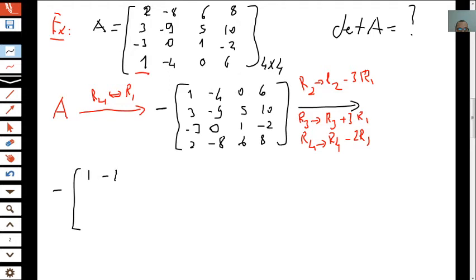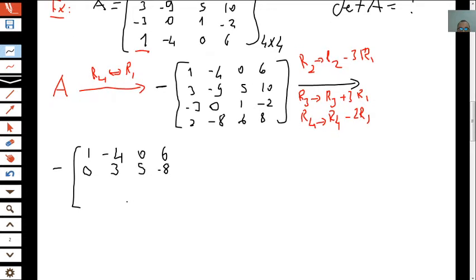So we have minus 1, minus 4, 0, 6, and R2 is replaced by R2 minus 3 R1. So we have 0, minus 3 plus 12 minus 9 becomes 3, 5, minus 18 plus 10 becomes minus 8, minus 8.